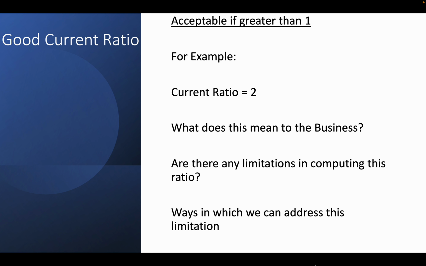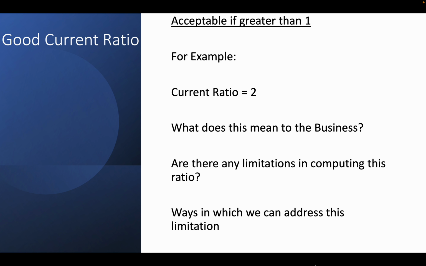They are easily able to address their debtors. So it's a safe position, a healthy position. If I were to see a company with a current ratio of 2 and another company with a current ratio of 1, I would obviously be favoring the company with the higher current ratio.